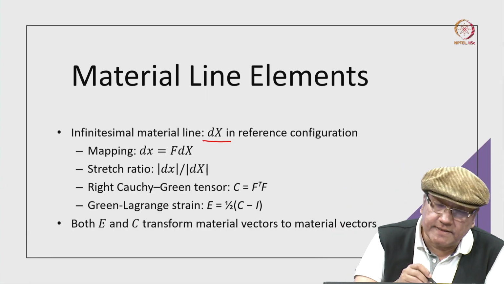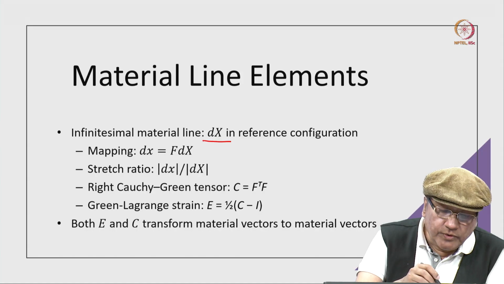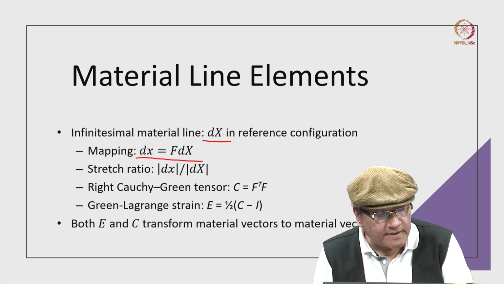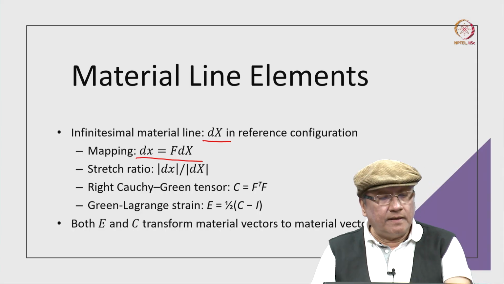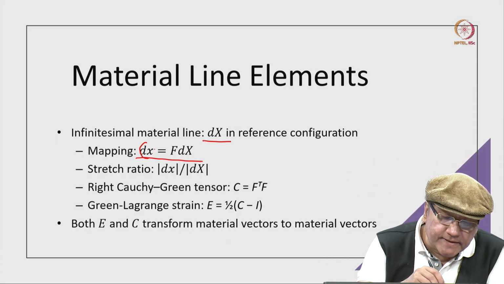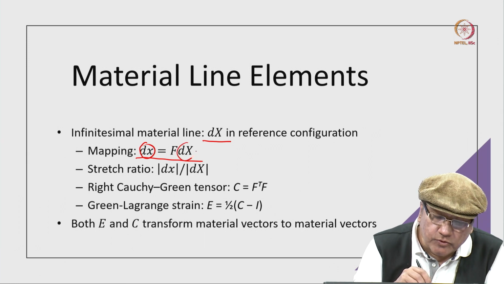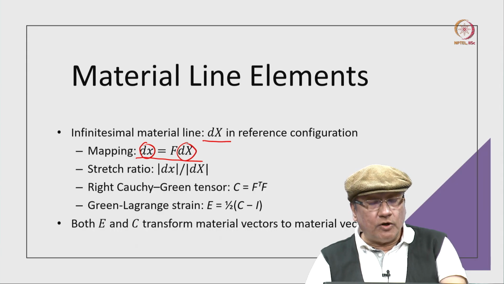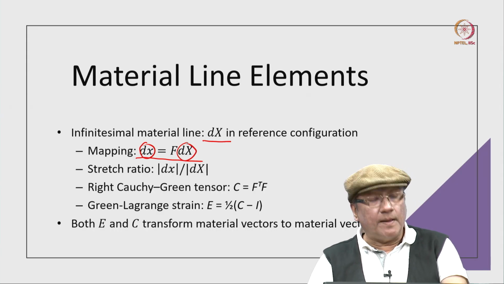The mapping is such that under F, d small x is equal to capital F acting on the vector d capital X. So we have the deformed infinitesimal line element dx, and its pre-image under F, which is dX.